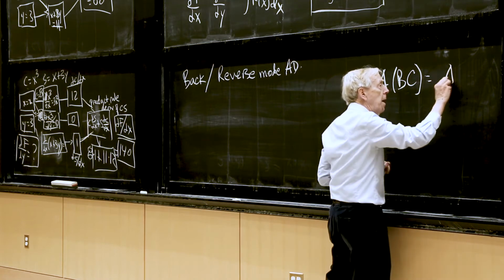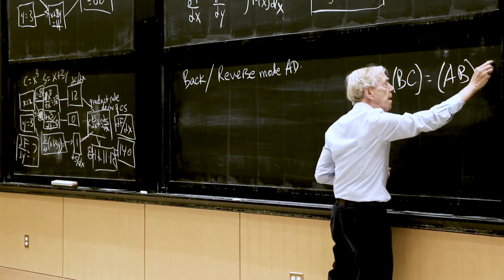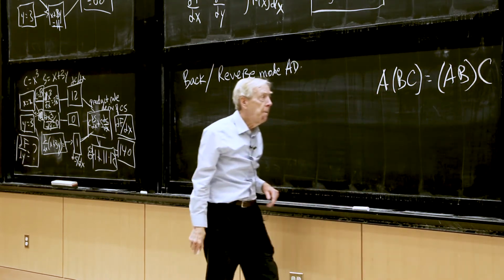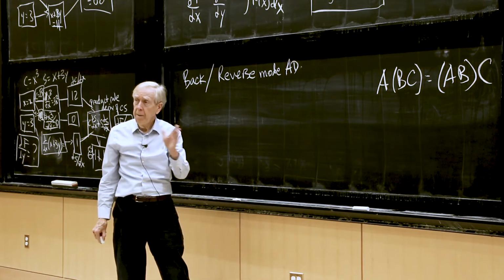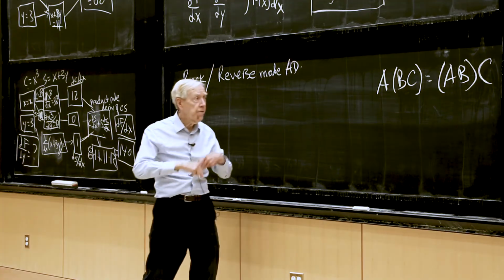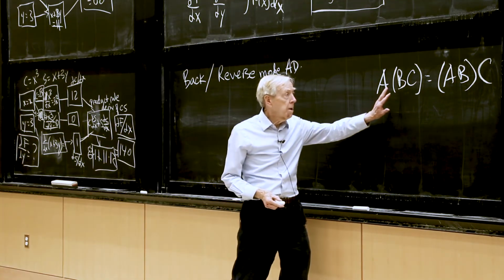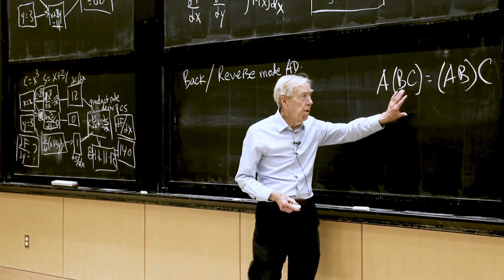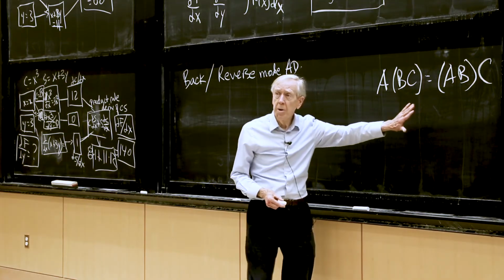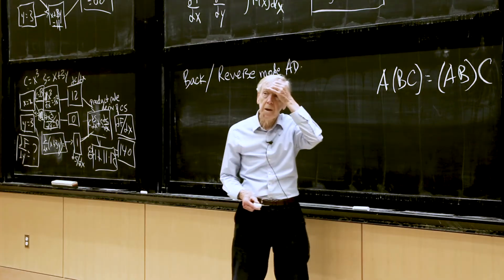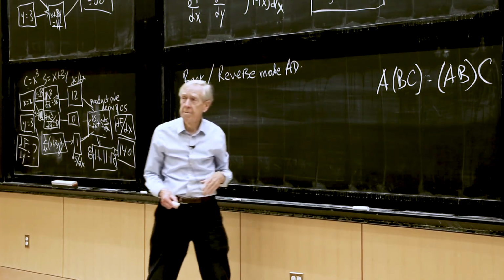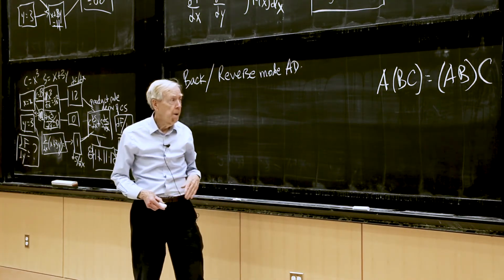Or do I do AB first and then multiply that by C? And of course, I kept them in order, in the order ABC. But the order of computations can be different. You get the right answer both ways, but those can be completely different. One can be 1,000 times faster than the other.